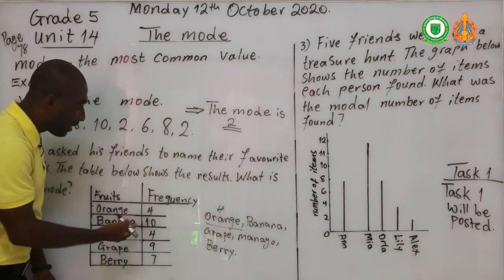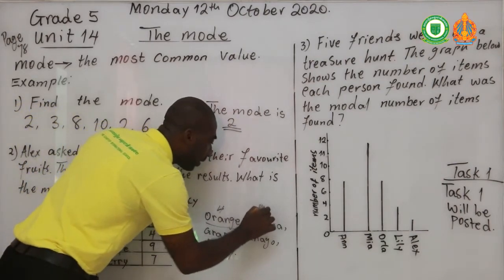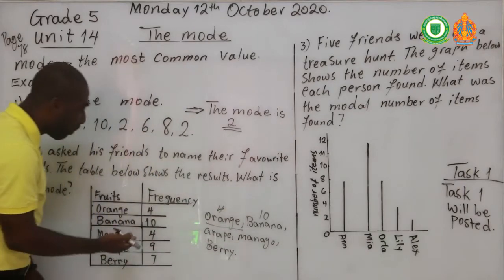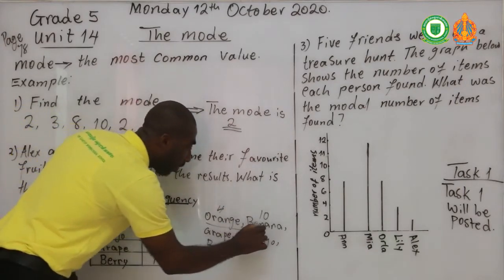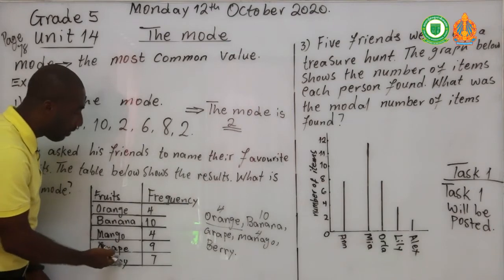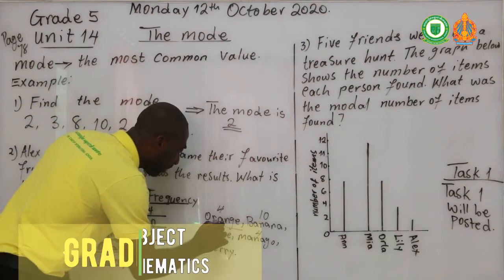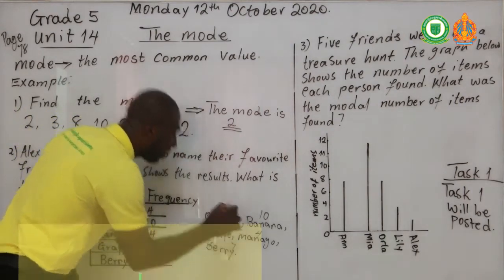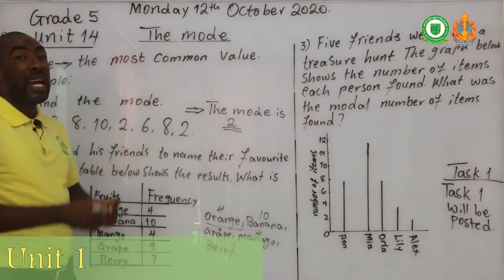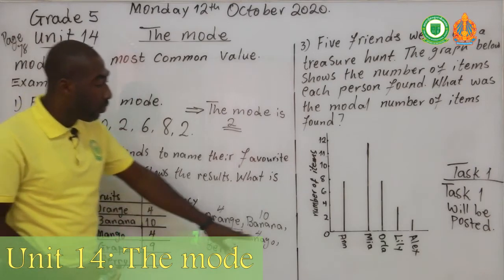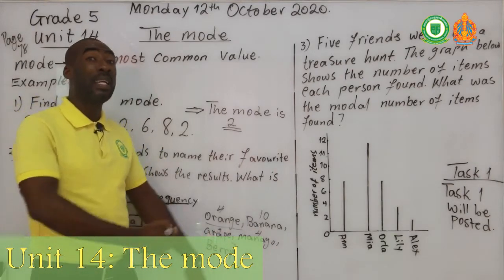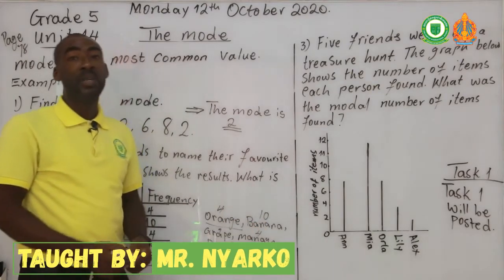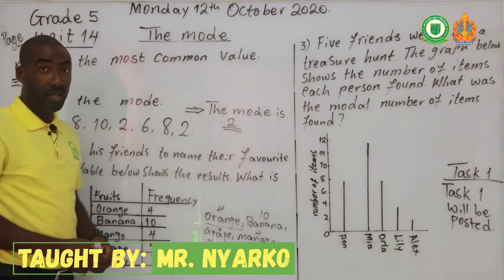We have to write banana 10 times. It has to appear in this list 10 times. Mango has to appear 4 times, and then grape has to appear 9 times, and then berry has to appear 7 times. So with that, it means that we will write more of banana in our list. So 10 of banana becomes the mode.